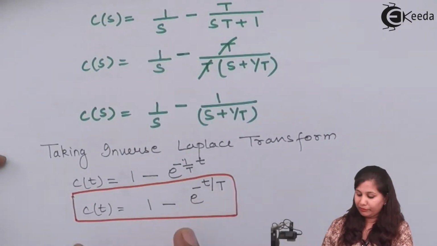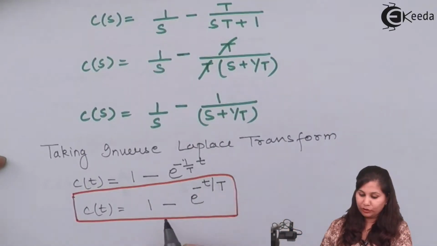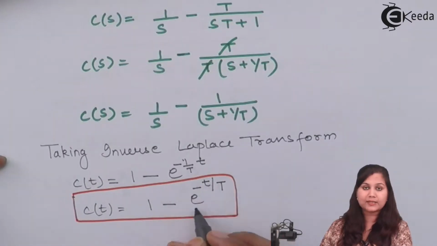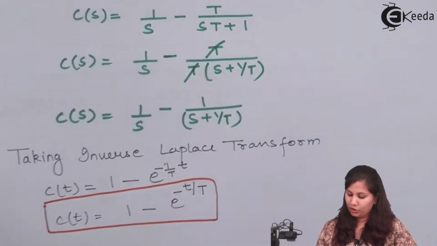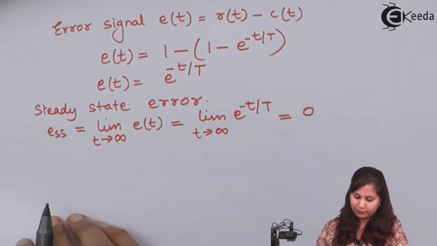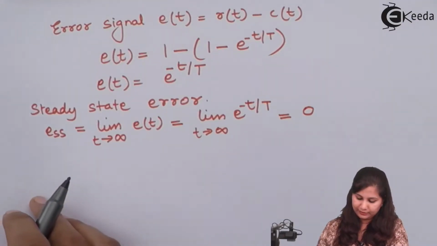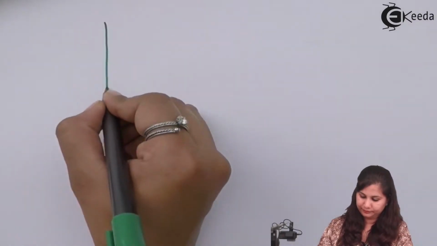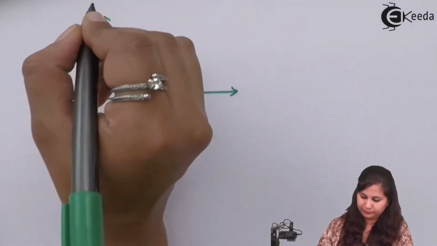Now the output response we have obtained is 1 minus e raised to the power minus t by T. If we plot this output response with respect to time, it will be 1 minus this exponential term. So the output response plot will be like this.